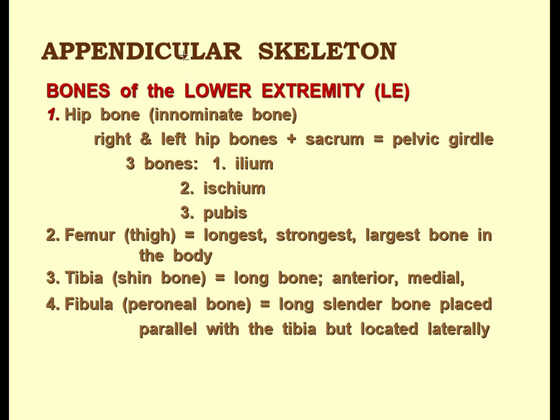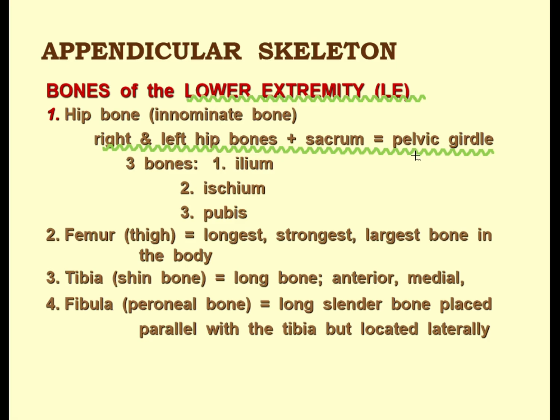Next, the appendicular skeletal system, bones of the lower extremity. In the lower extremity, first is the hip bone. The hip bones are the innominate bones. The right and left hip bone plus the sacrum form the pelvic girdle.